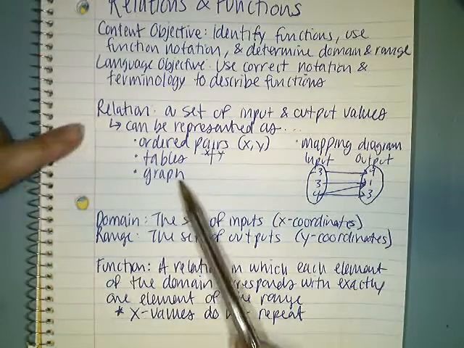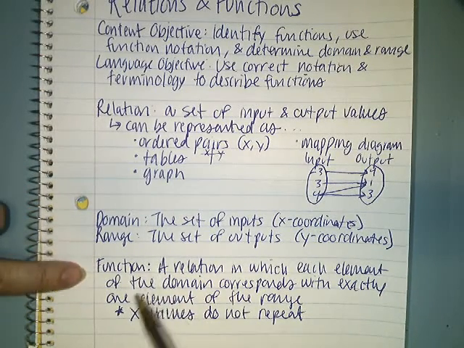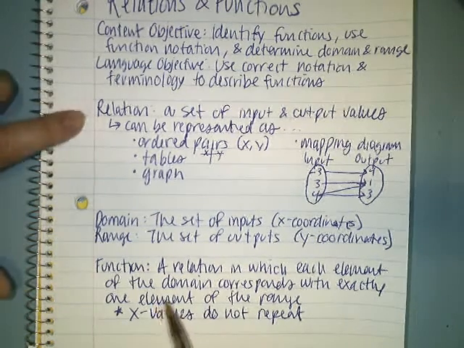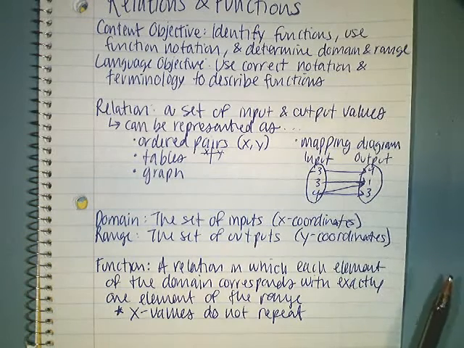All functions are relations, not all relations are functions. But a function is a more narrow or more specific definition in that x values do not repeat. The same x can't be used for more than one y. You can't plug in one x value and suddenly get two y values. That wouldn't be a function. It could be a relation, but it would not be a function. So our x values do not repeat for a function.